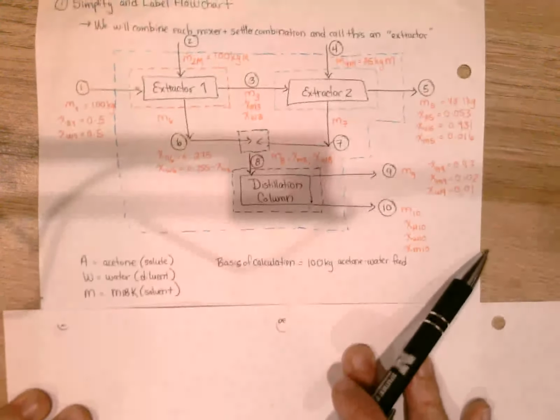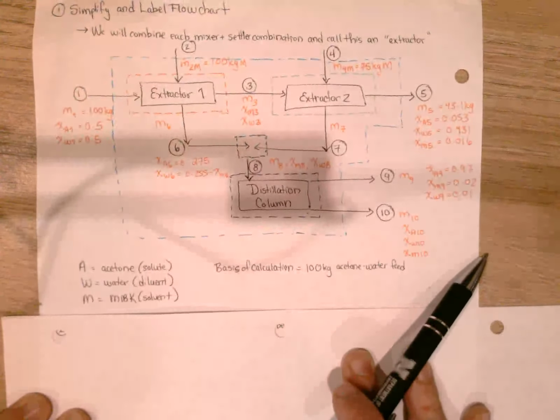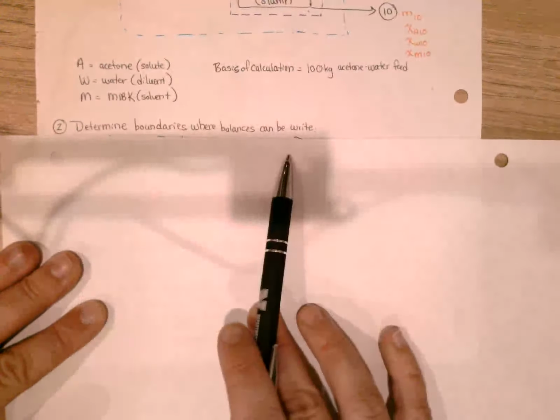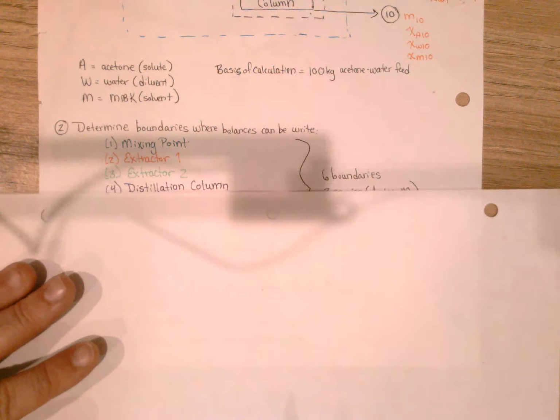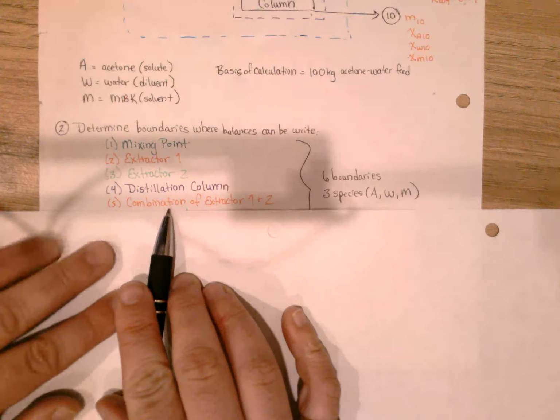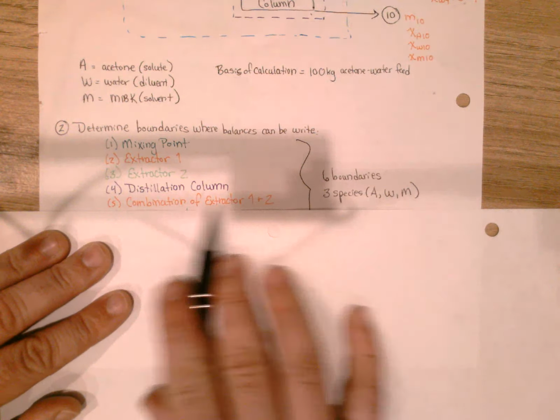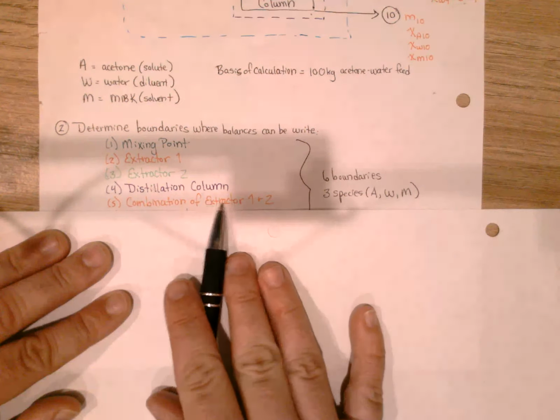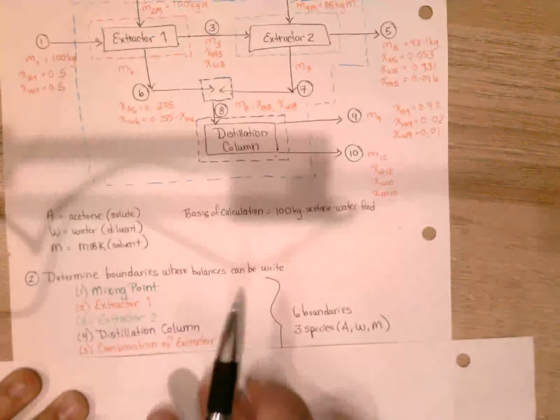All right, so we have a simplified and completely labeled flowchart. Then let's determine the boundaries where balances can be written. So we can write mixing point, extractor 1, extractor 2, the distillation column, and then here's the one that's kind of interesting and different about this problem. We can actually write a boundary around the combination of extractor 1 and extractor 2.